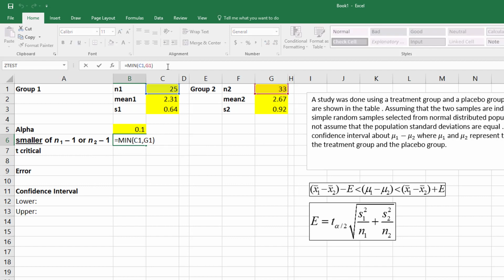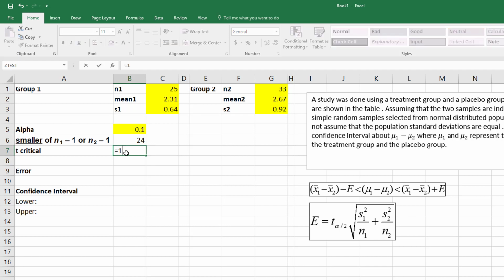But I need to go back in and add the minus 1, right? Because the degrees of freedom is your sample size minus 1. All right. So here I'm going to find my critical value, my T critical. I want this to be positive. That's the only reason I'm going to do the 1 minus. You wouldn't have to because, again, it's symmetric, but then you need to make sure you make this a positive value.